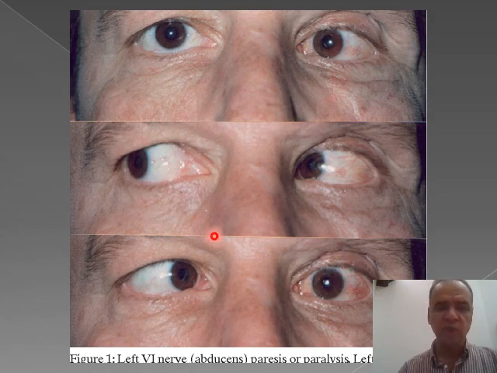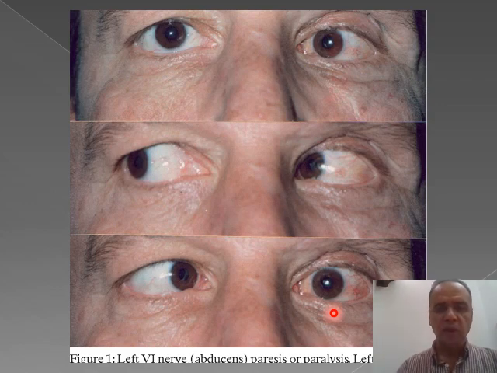So if there is limitation of ocular motility and the angle of squint is varied, for example, here you can see the angle, but in this direction there is no squint at all, and the angle becomes largest toward the paralytic muscle. So this is incomitant or paralytic squint, and you should refer this patient to the neurological department to reach the diagnosis.